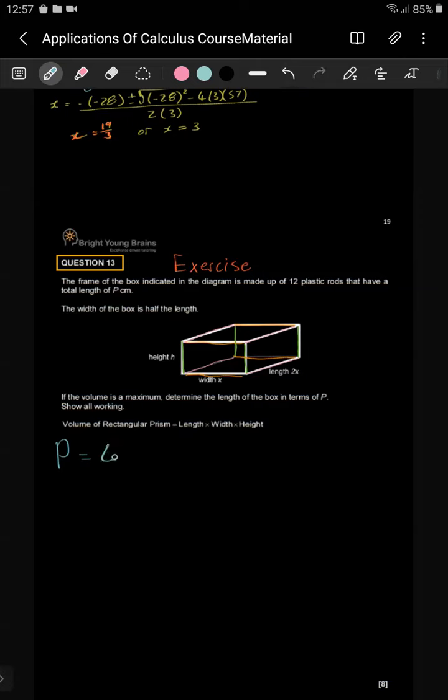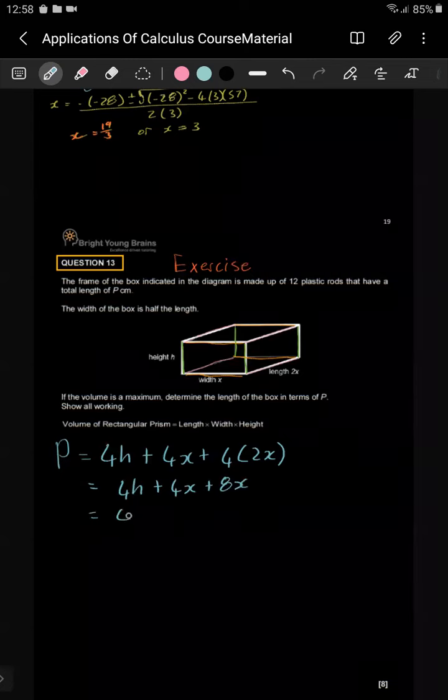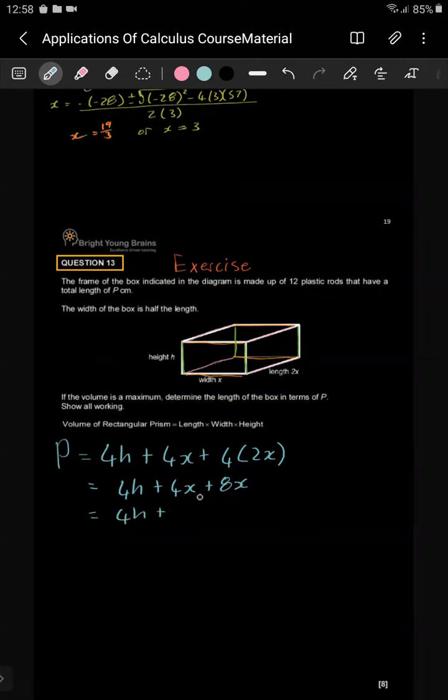So we can say 4h plus 4x plus 4 multiplied by this 2x. If you simplify this, you're technically gonna have 4h plus 4x plus 8x, which is 4h plus 12x. So this is what p is.